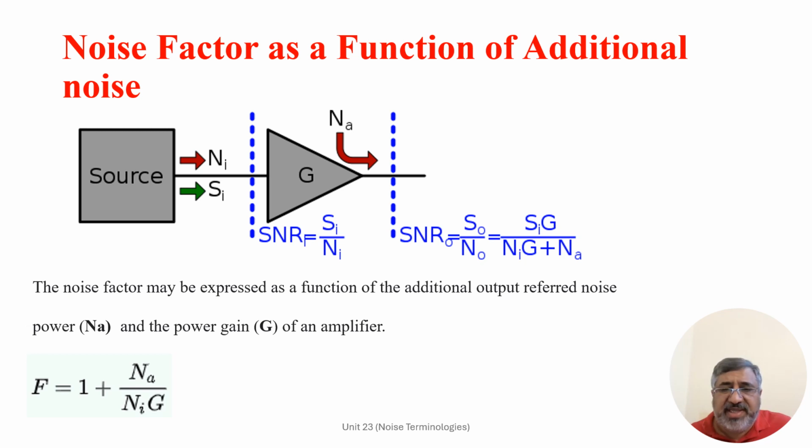So the SNR at the output is equal to SIG divided by NIG plus NA. After simple multiplication, we can see that the noise factor is equal to 1 plus NA over NIG. The noise factor may be expressed as a function of the additional output reference noise power, denoted by NA, and the gain G of the amplifier.